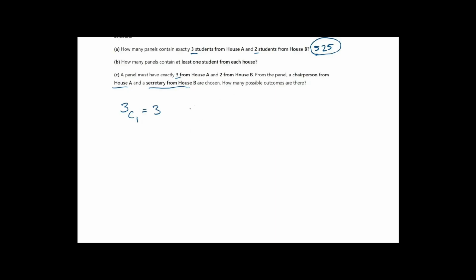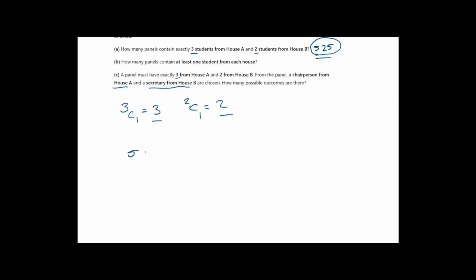And for the second one, it's going to be house B. There's only 2 there, so we've got 2 and we want to choose 1. That's going to be 2. So there are 3 ways of doing the first way and 2 ways of doing the second way, and there are 525 for each of them.